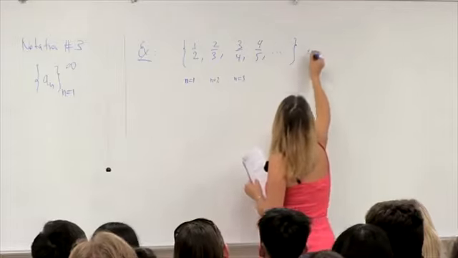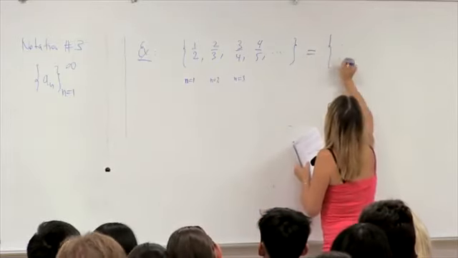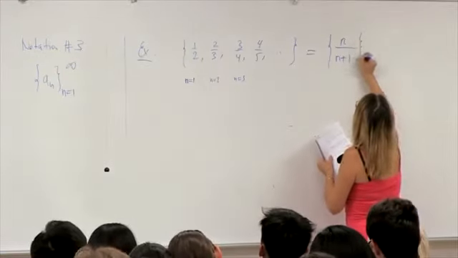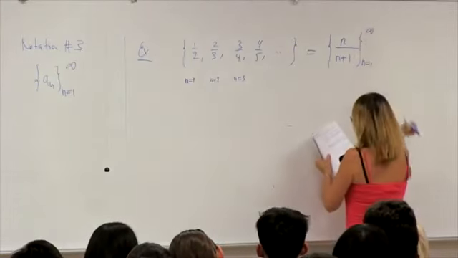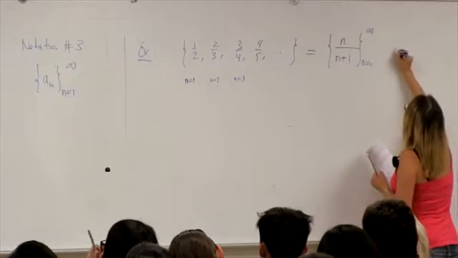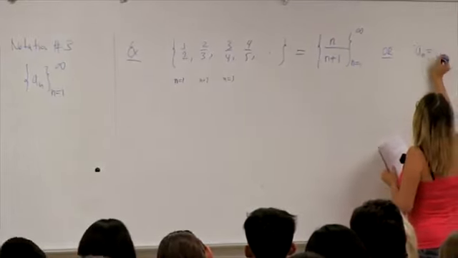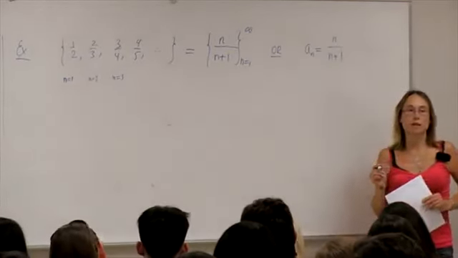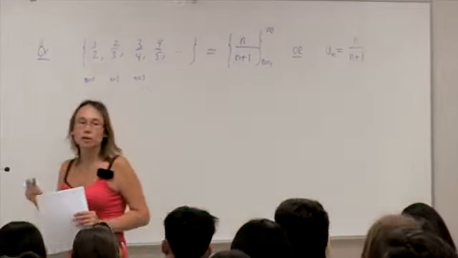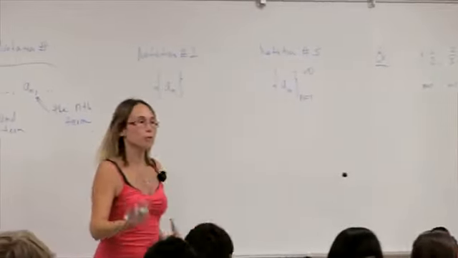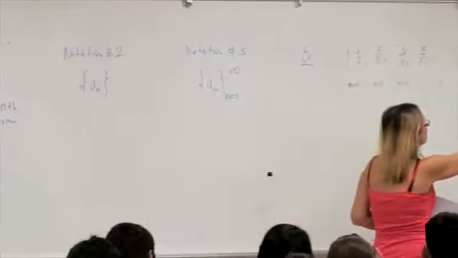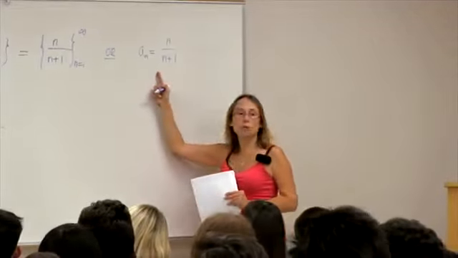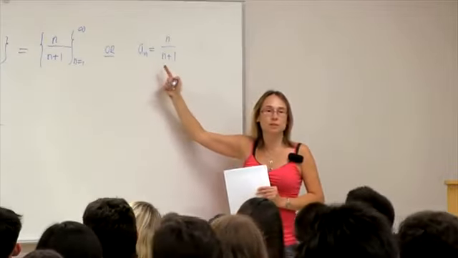So this is the same as to say that it's n divided by n plus 1, where n goes from 1 to infinity. Or we can say that an is given by n over n plus 1, right? So by looking at the first few terms of the sequence, we were able to get a pattern, and we're able to come up with this expression, which tells you the general term. Now I can say what a100 is. That will be 100 divided by 101.